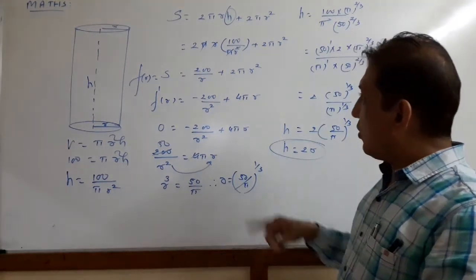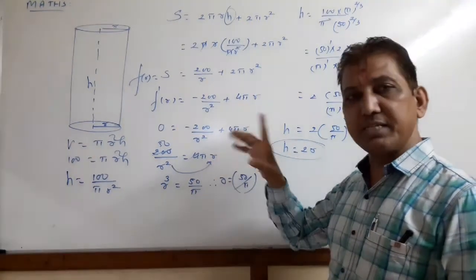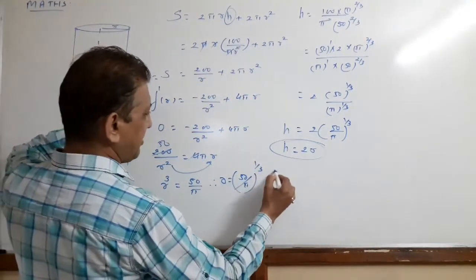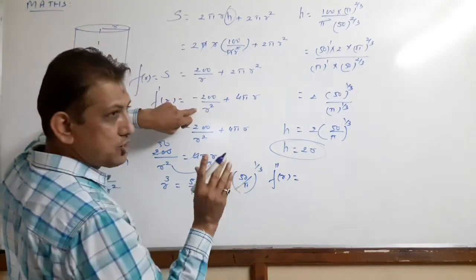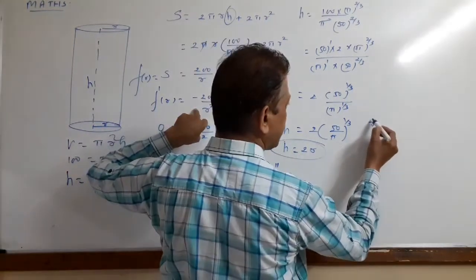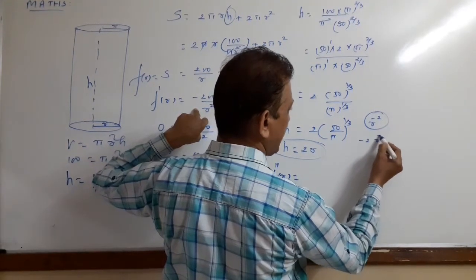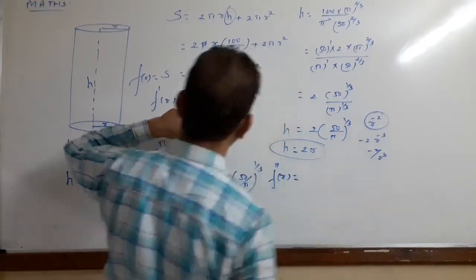Now this is your first order derivative. Now you go to the second order derivative, to decide maximum or minimum. You can try here f double dash r. Minus 200 is the constant, 1 upon r square is r raised to minus 2. Derivative of this function is minus 2 r raised to minus 3, so minus 2 upon r cube.